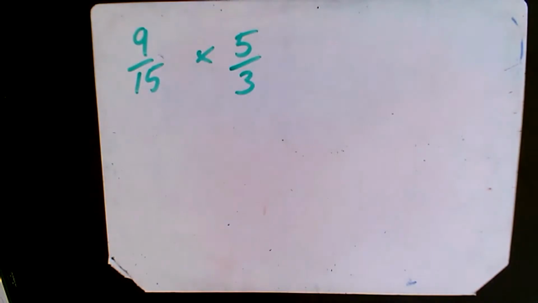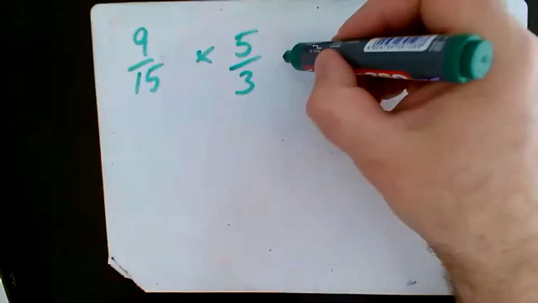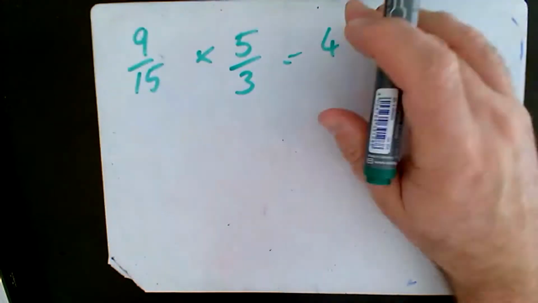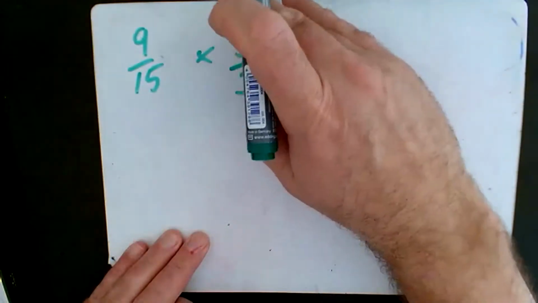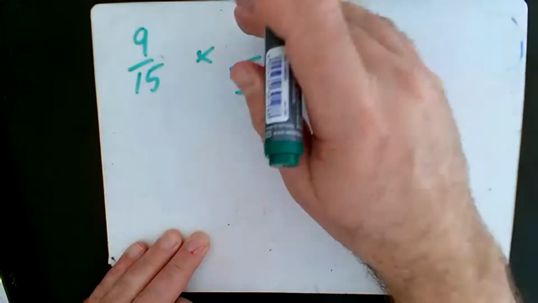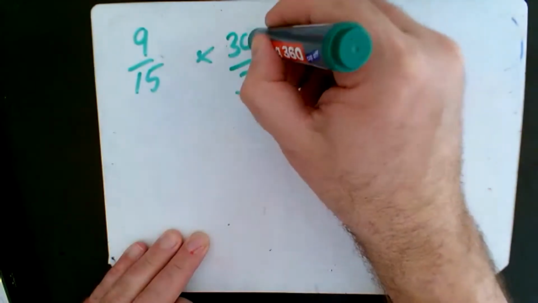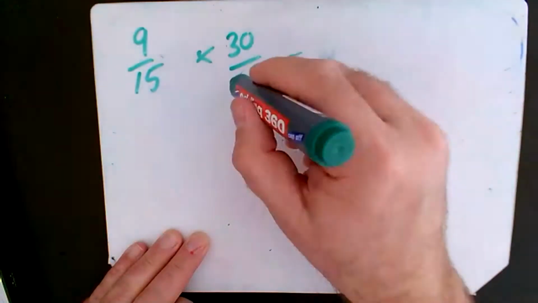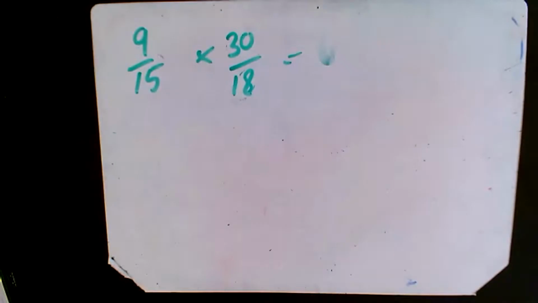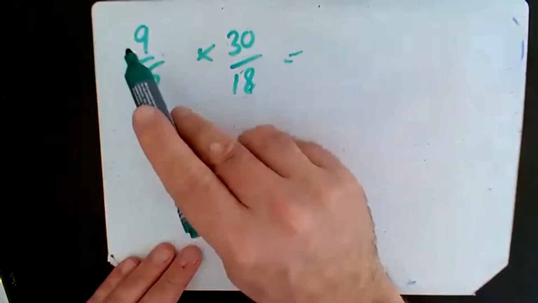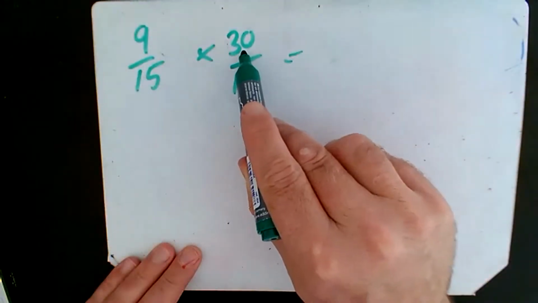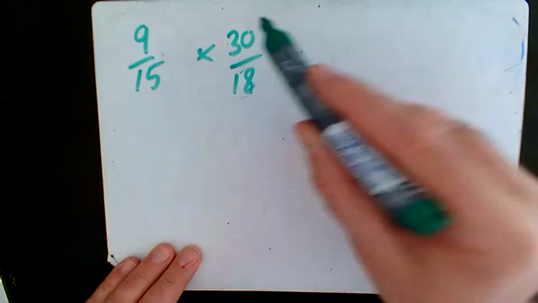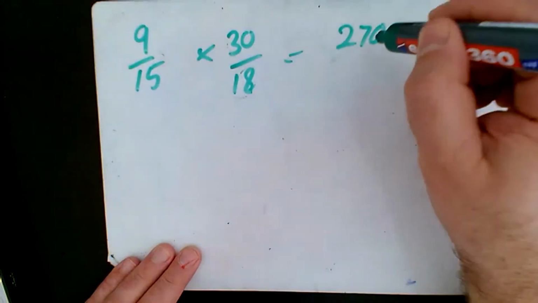I know that's an improper fraction, but don't worry about it. Now if I was to do this one, I've got 9 times 5 is 45. Oh, hang on, let me just change this a second. Let's put 30 over 18. Okay, so now I've got to do 9 times 30, which, okay, that's not too bad to do because it's got a 0, so that's 270.